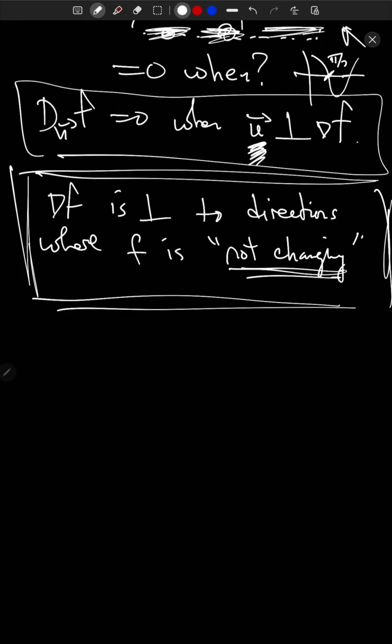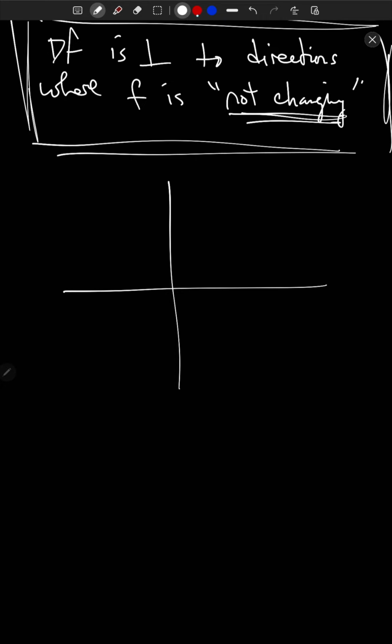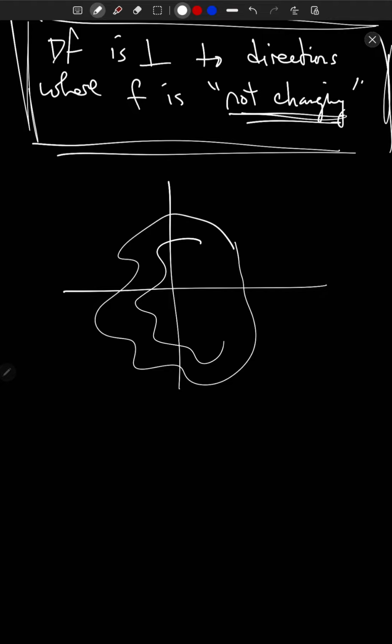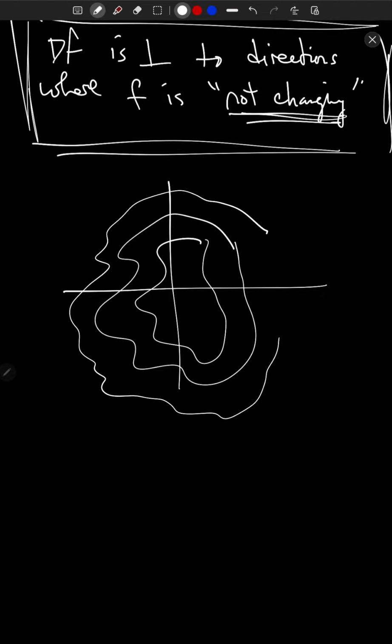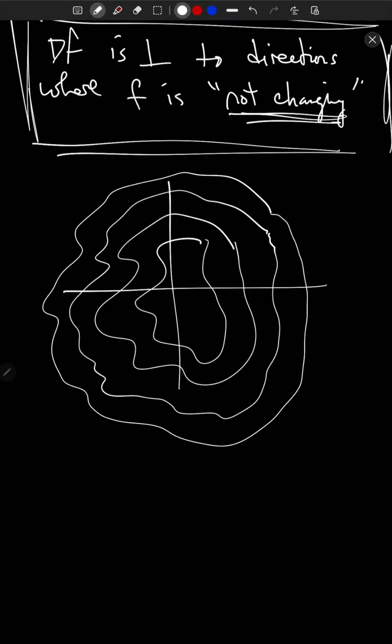because think about this. We talked about level curves last time. All right, let's draw a few level curves of my function. So let's say this is a level curve. Let's say this is another level curve. I'm not even going to bother with the labeling. It's actually just the curves that I'm interested in. So let's say these are some level curves. Let's say I'm interested in what's going on right there. Let me fill in some level curves in between.